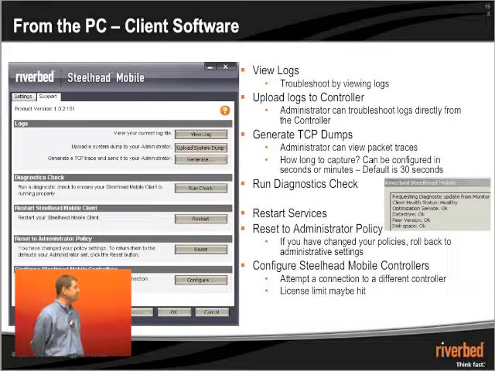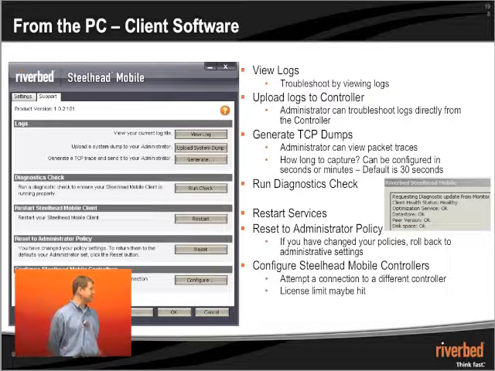We can also generate TCP dumps and run a diagnostics check. We can restart the services. You can reset your policy if maybe you were playing with it and somehow nothing's working now. You can reset it back to the policy that was originally deployed by the administrator. And we can also configure which Steelhead Mobile controllers we're talking to, receive licenses and so on.